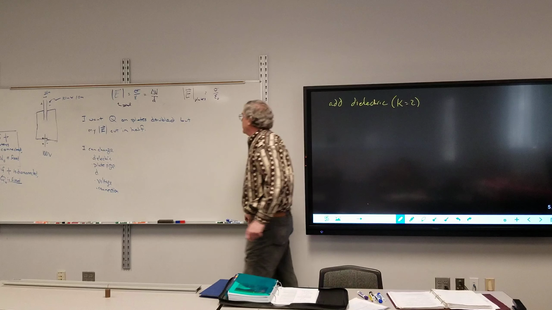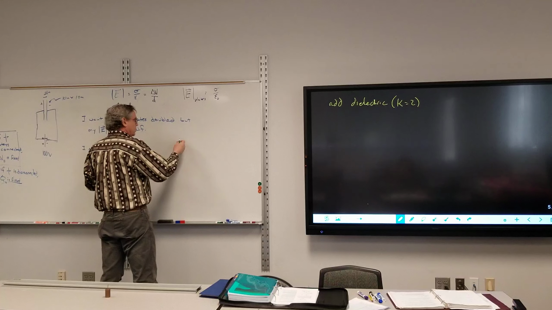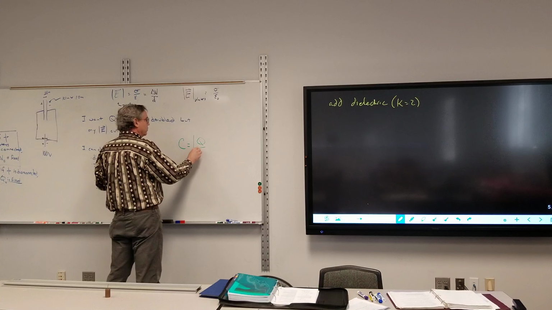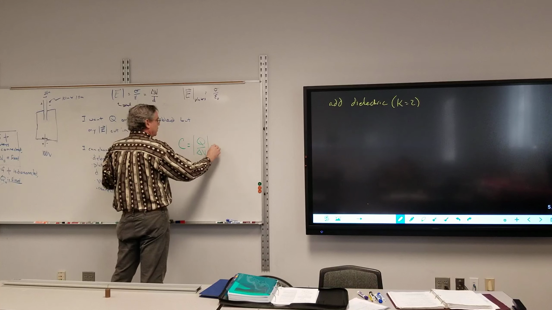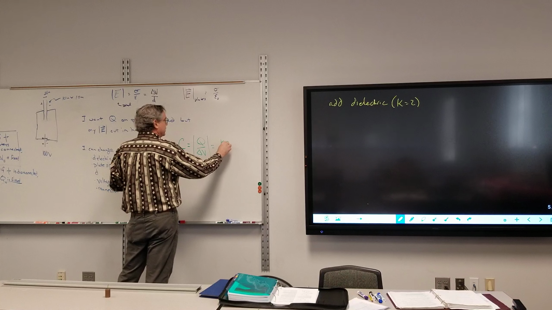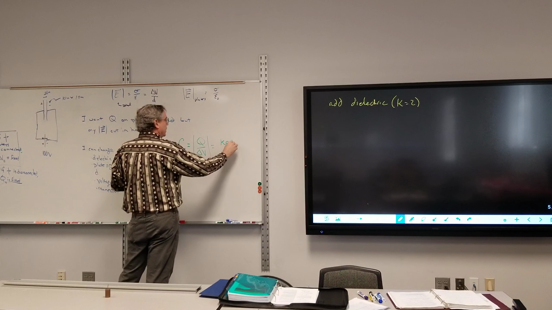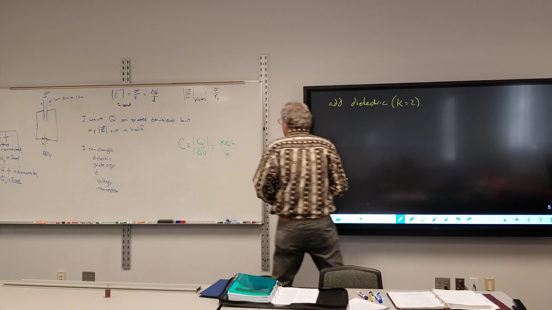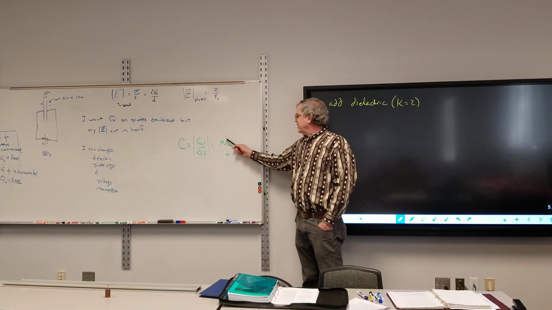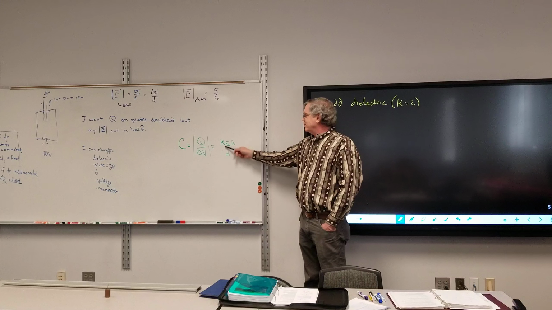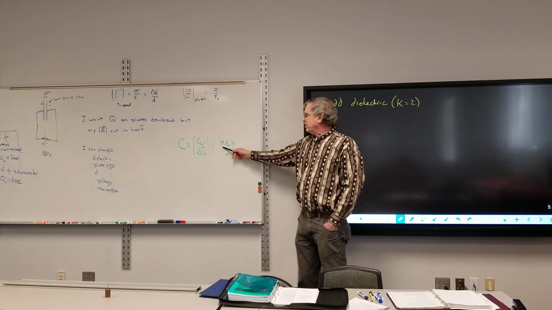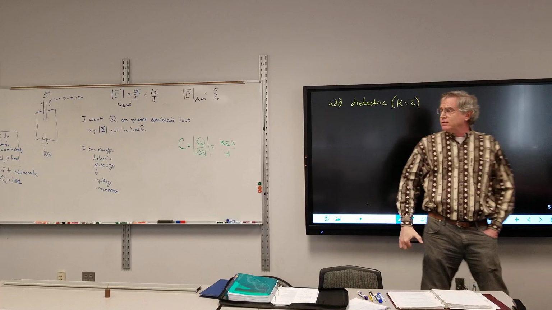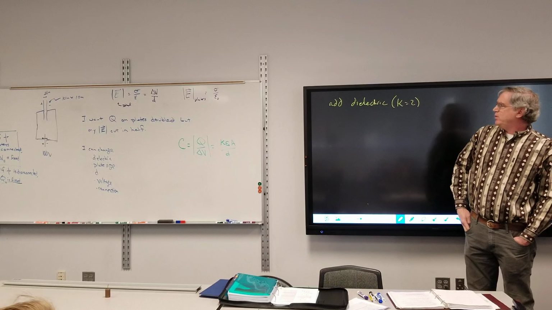Let's see, there are other equations we have. We have that the capacitance is equal to Q over delta V. It's also equal to kappa epsilon sub naught A over D. So whatever epsilon naught A over D is, those stay the same, and we're adding the dielectric, we are doubling the capacitance. Why do we know that's going to double the charge?